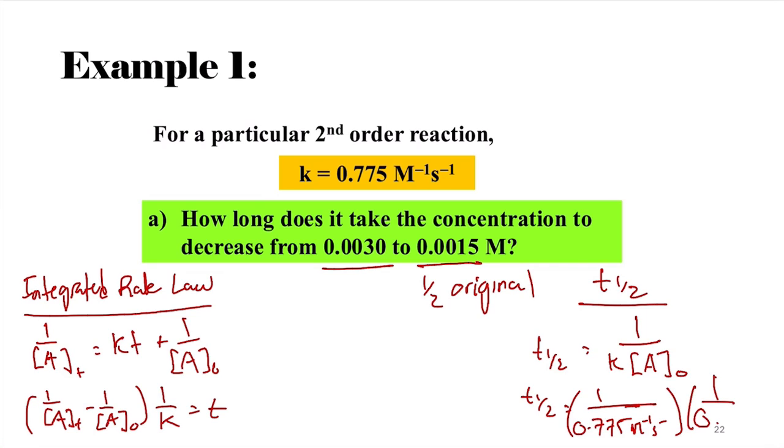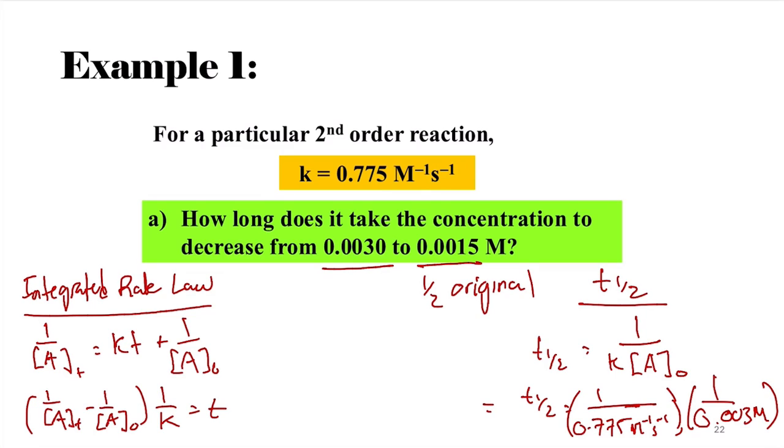And which concentration do I put in here? 0.003, because that's the initial concentration, right? 0.003 molar. Let's make sure our units work out. Molarity and molarity inverse, what happens to that? Cancels out, right? And so we have 1 over inverse seconds in the denominator, which gives us seconds in the numerator, right? So we have units of seconds. Makes sense because we're looking for a time here.